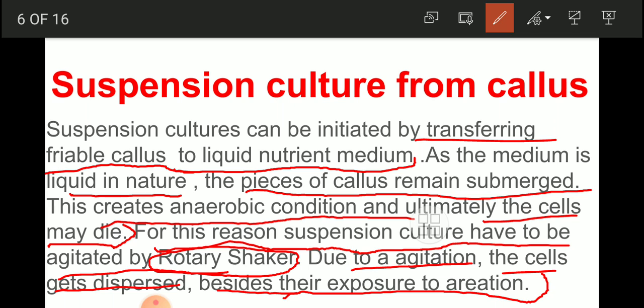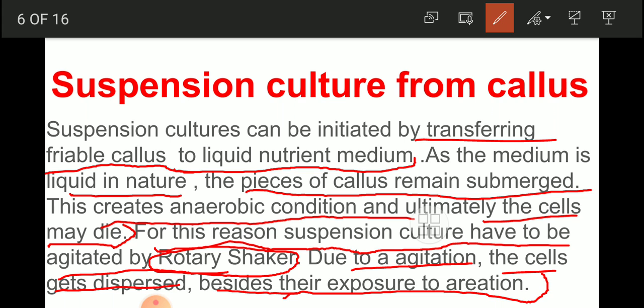Each and every living cell requires oxygen for its survival, and that's why we put the transferred callus culture and nutrient liquid medium container on the shaker, and shaking has been started. And not only does the separation of the cells take place from the callus, but also oxygen is made available to each and every cell because of the agitation.